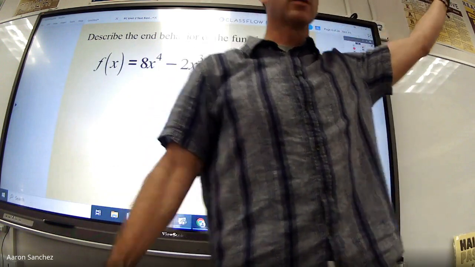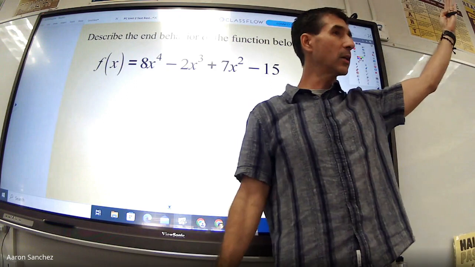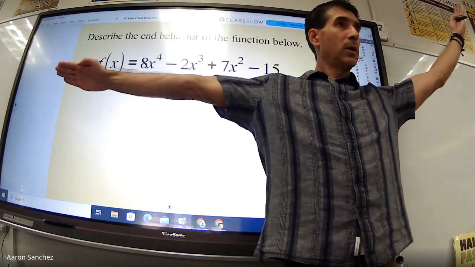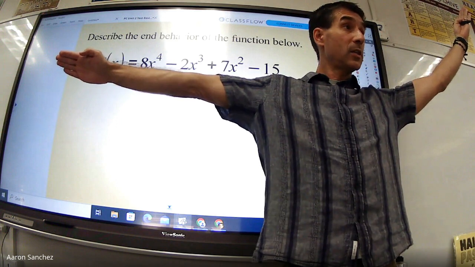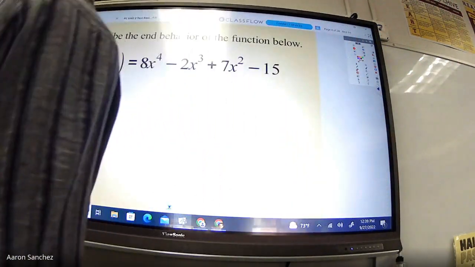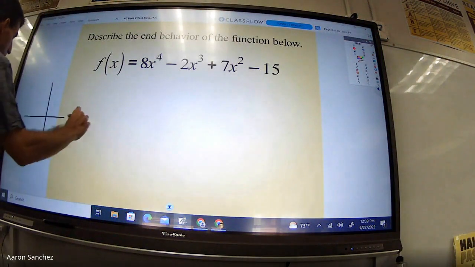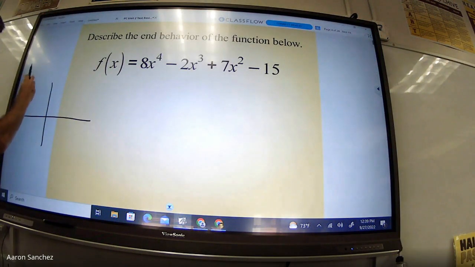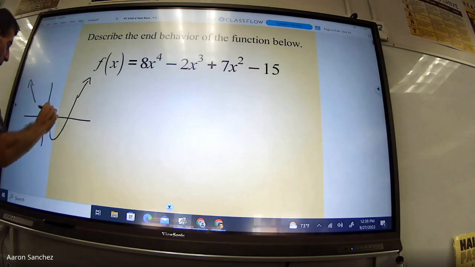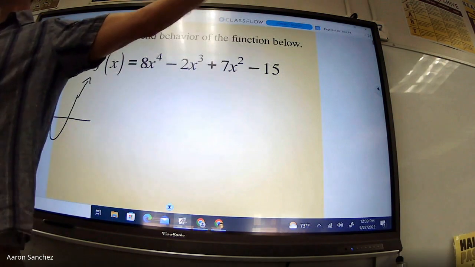So what's this hand going to do? It's going to be the same, right? It's even, so up. So my function is going to go up and up. And whatever we have in the middle doesn't matter, but it's going to be up and up.